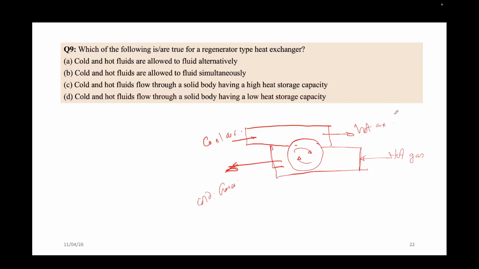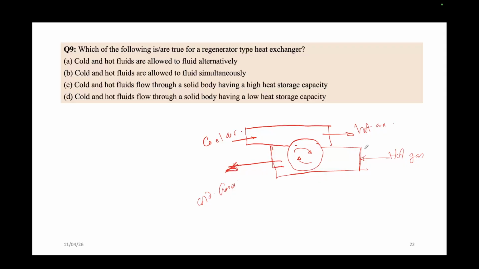So, mechanism you understand. Where is the heat stored? Here, the heat is stored in the fan body or this rotating wheel. It temporarily stores the heat, and after that it will transfer the heat to the cold air. You got it?